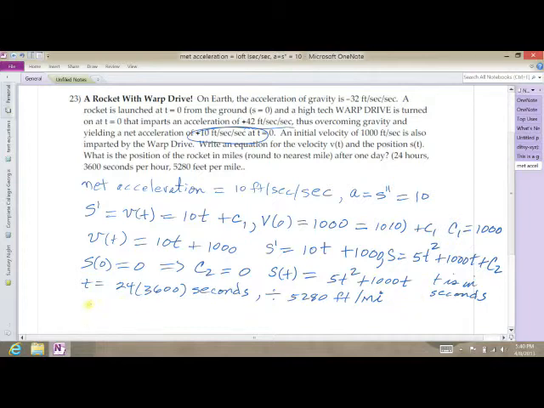So plugging into the equation, we get s equals 5 times 24 times 3,600, that whole quantity squared, plus 1,000 times 24 times 3,600, and then we need to divide the entire thing by 5,280.